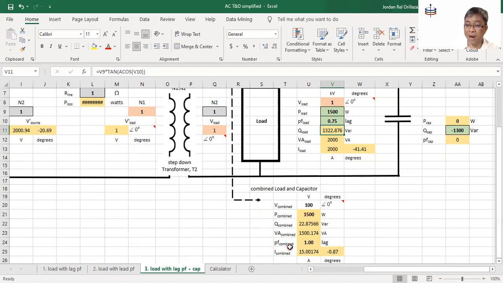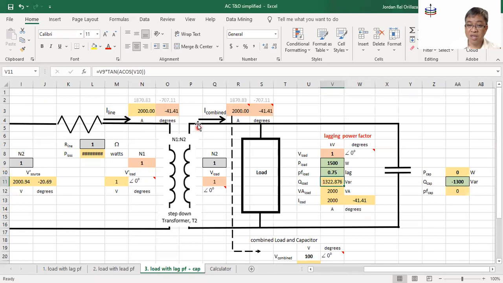So this now is the parameter for the combination of the load and the capacitor. And that will be drawn here and eventually will be converted to this other side here of the transformer. So that's basically what this third sheet shows, how current is reduced by this capacitor compensating for the requirement of this load. So basically that's it.